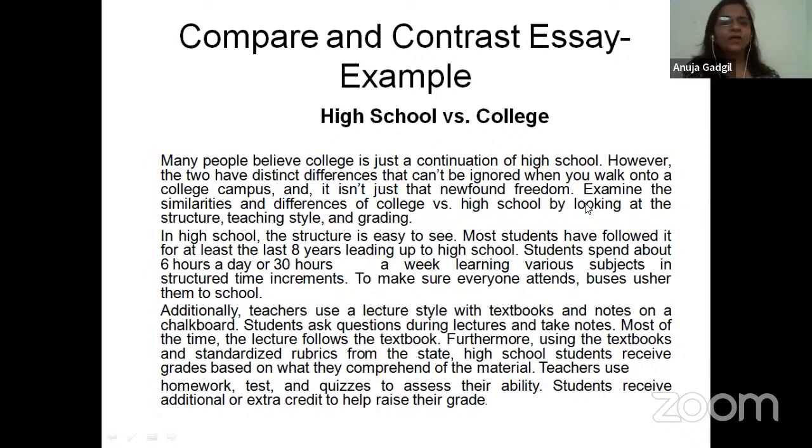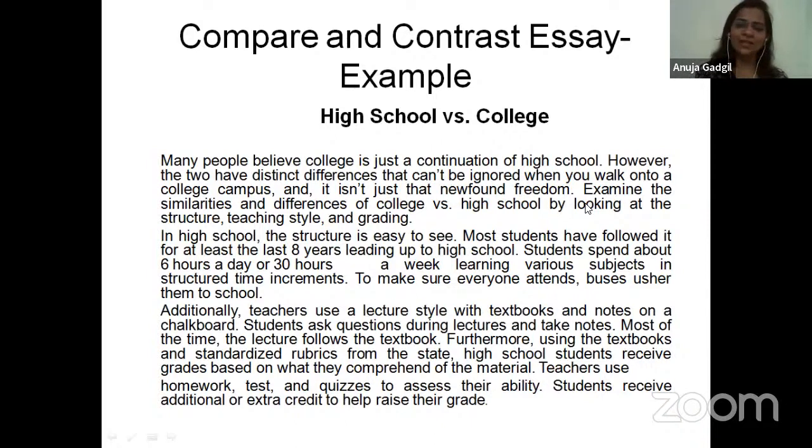Students spend about 6 hours a day or 30 hours a week learning various subjects in structured time increments. To make sure everyone attends, buses usher them to school. Additionally, teachers use a lecture style with textbooks and notes on a chalkboard. Students ask questions during lectures and take notes.